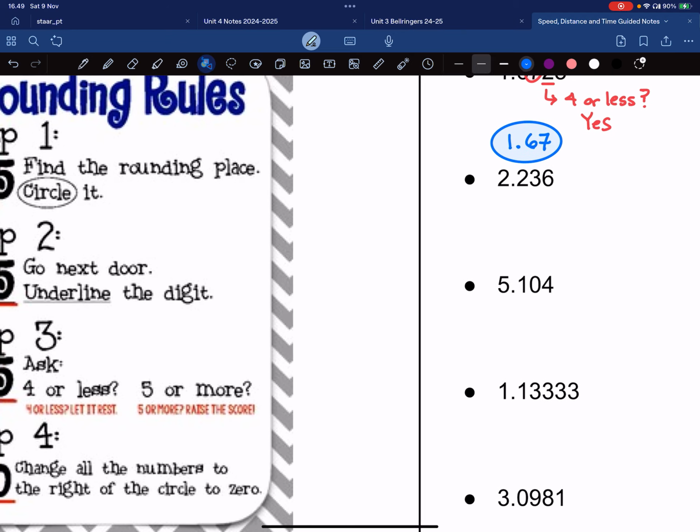Next one. Find the rounding place and circle it. That's the second decimal place. Underline the digit next door. Is it 4 or less?